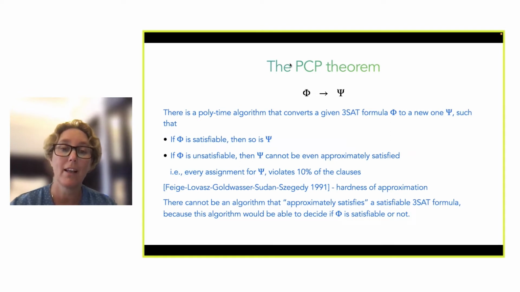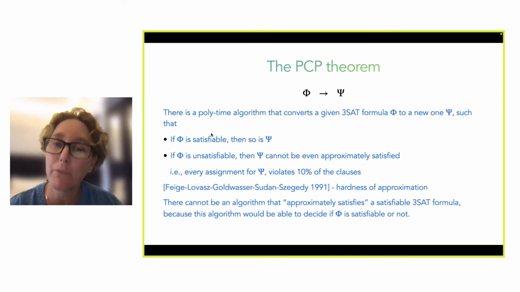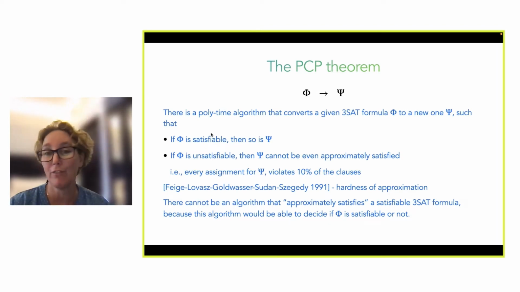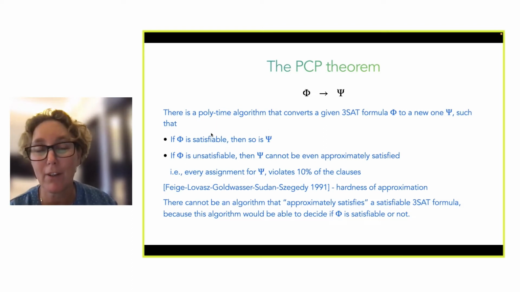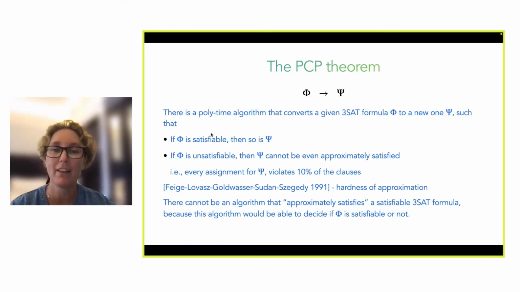The PCP theorem says if you had such an algorithm and applied it to psi, you could distinguish between the first case and the second case, because in the way I set it up, in the second case every assignment to psi violates at least 10% of the clauses. So if you manage to satisfy 99% of the clauses, I know you're in the first case.